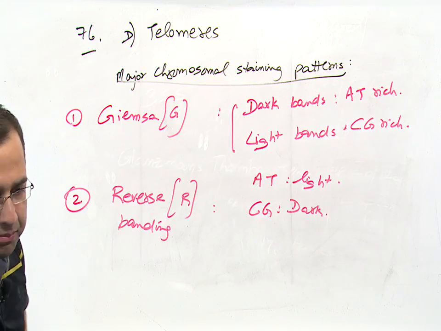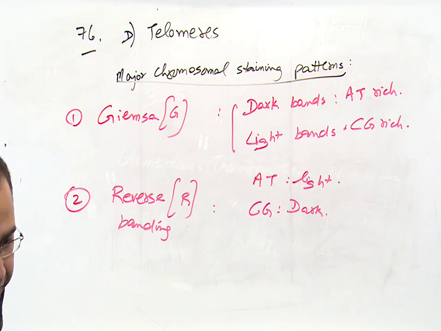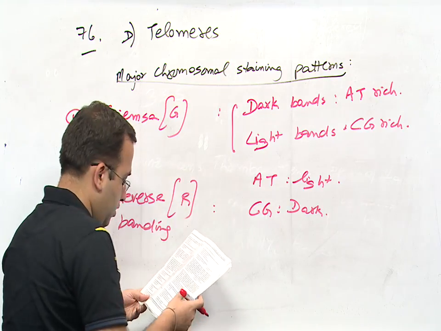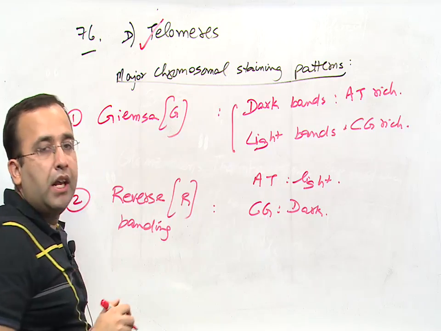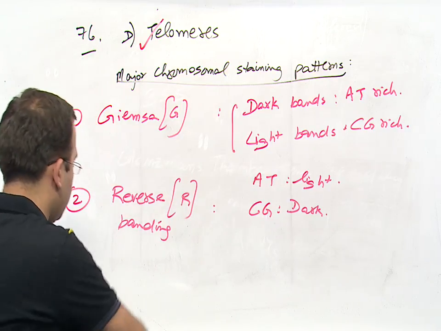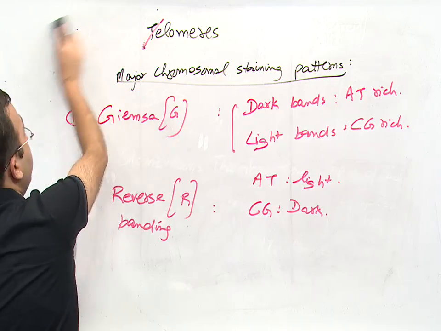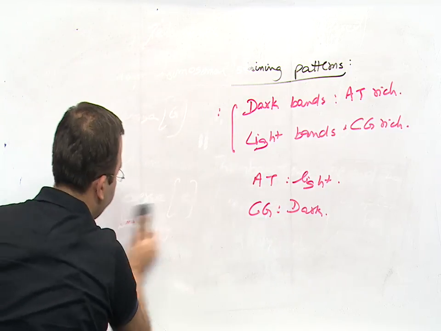It is a subtype of Giemsa banding only, a technical variation of Giemsa banding. So the question was on T banding. It is used to stain telomeres.